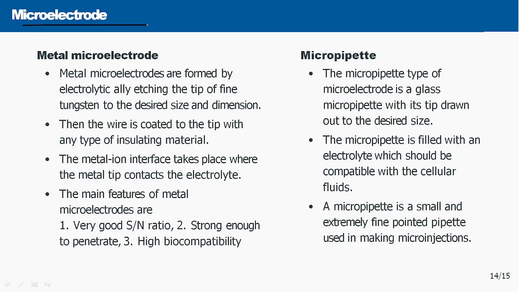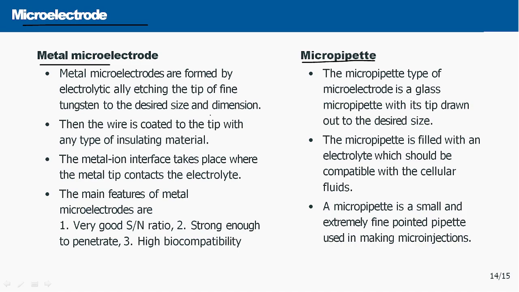Now coming to microelectrodes, which are invasive in nature, or deep seated electrodes. We have two types: metal microelectrodes and glass microelectrodes or micropipettes. In metal microelectrodes, you can see the electrolytic jelly etching the tip of the fine tungsten to the desired size.